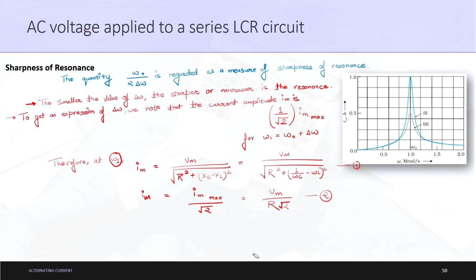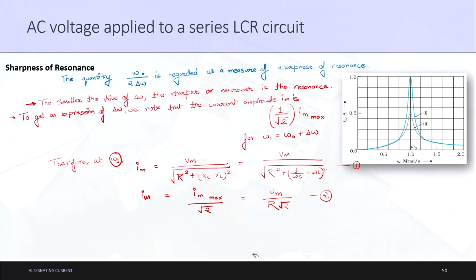Now, because of the assumption which we put forward, the value of Im being obtained is equal to Im max by root 2. Now, we know that the value of Im max is equal to Vm upon capital R. Why? Because at the value of maximum current, the value of impedance is equal to capital R. If it is equal to capital R, we can directly obtain Im as Vm by R root 2, correct.